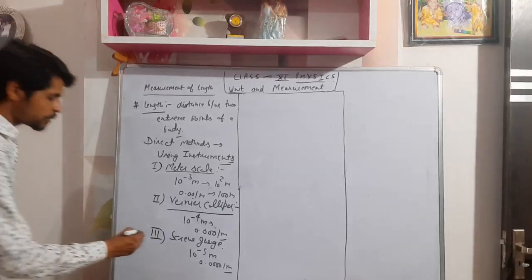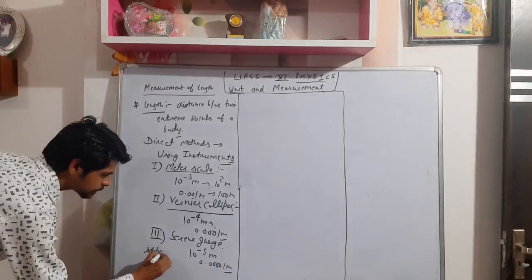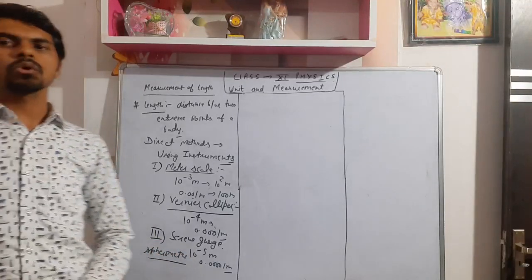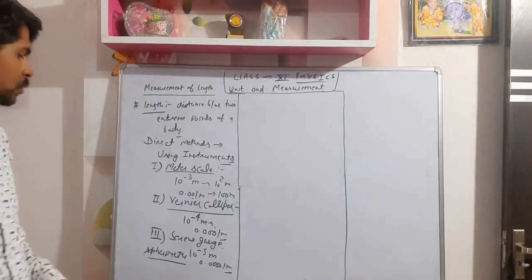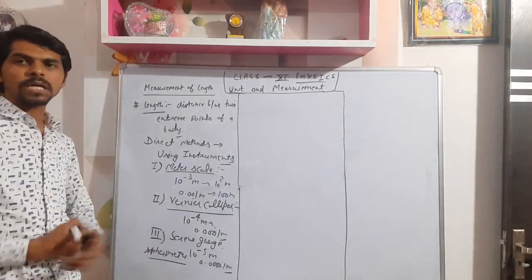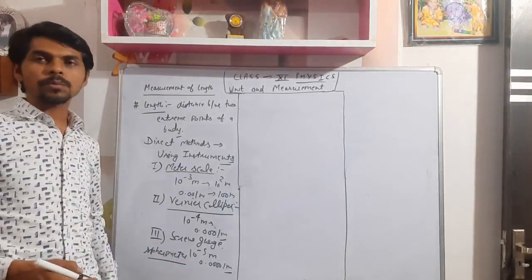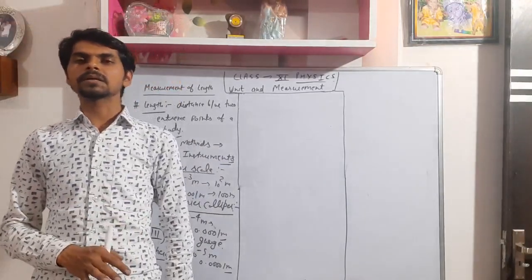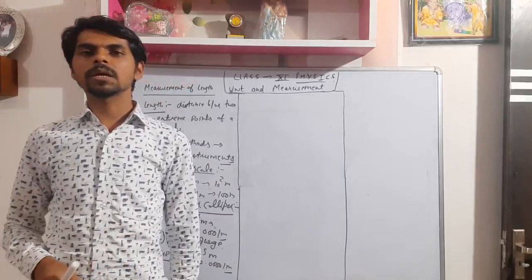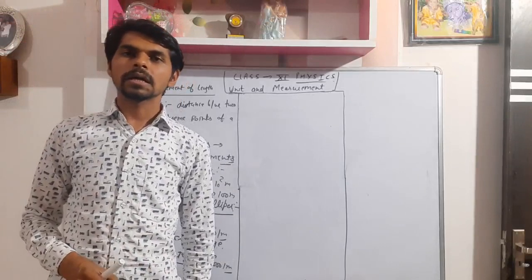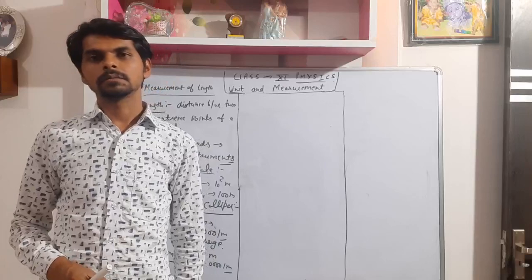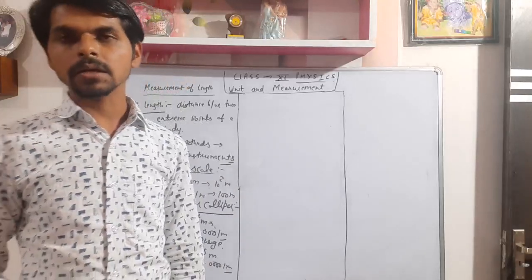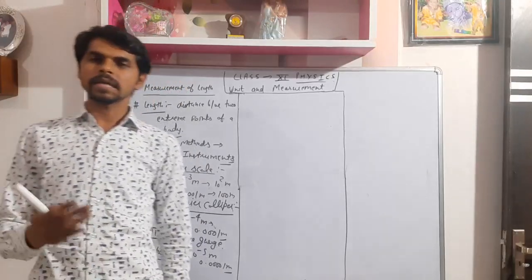Also there is another instrument, that is spherometer. Screw gauge and spherometer are the two measuring instruments which we can use to measure the length up to 0.00001 meter. So we can measure even the smallest lengths using a measuring instrument, but that method is called direct method. If we are using any measuring instrument, that is called direct method.